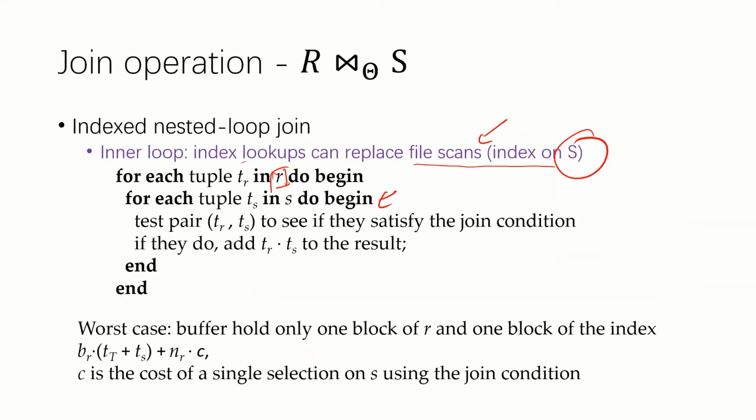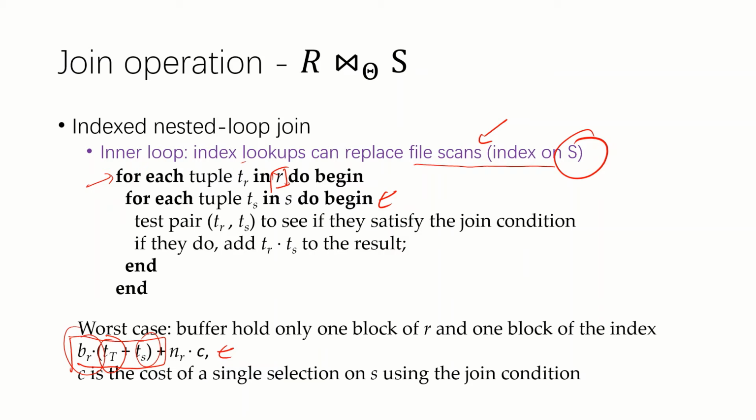So in the worst case scenario, the buffer is only able to hold one block of R and one block of the index. Let's try to break down how this formula works. Let's look at the left hand side of this formula. On the left hand side, this is the formula for the outer block. Essentially, what it's trying to say is that we need to do a read, transfer and access for every single block of my outer block.